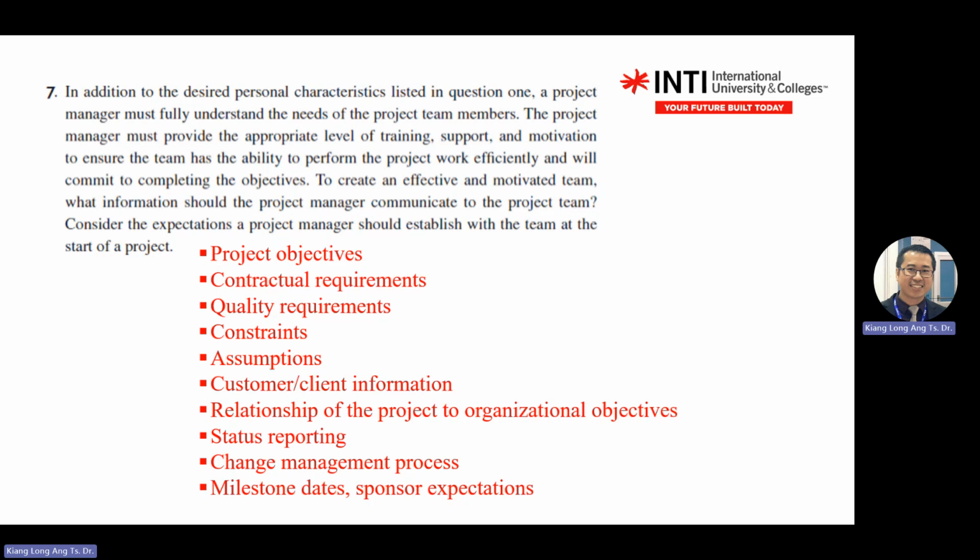Cost, time, and performance, or customer requirements. Okay, milestone dates, all these things. You elaborate. Okay, so all this information is available in the PM book in Canvas.